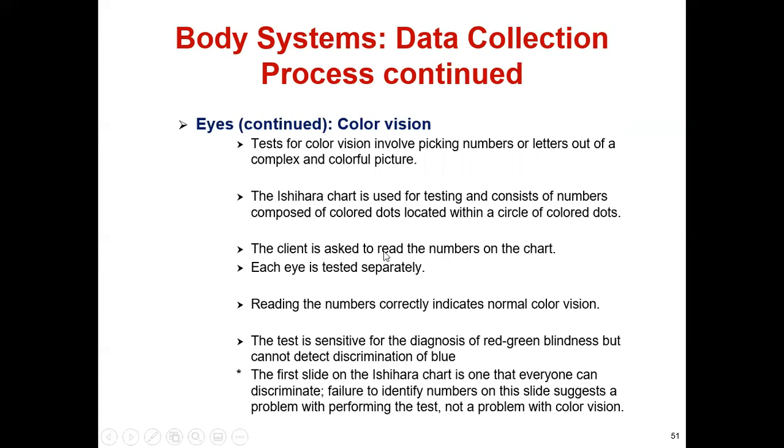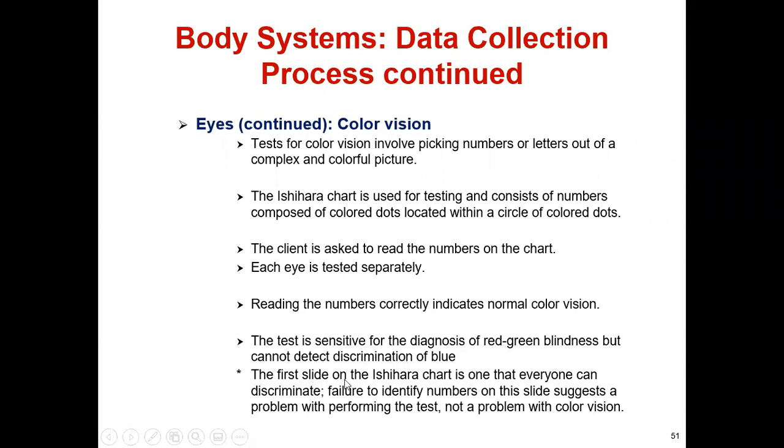The client is asked to read the number on the chart and each eye is tested separately. Reading the numbers correctly indicates normal color vision. Also, the test is sensitive for diagnosis of red and green blindness, but cannot detect discrimination of blue.